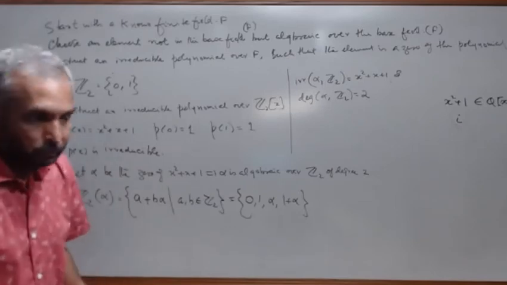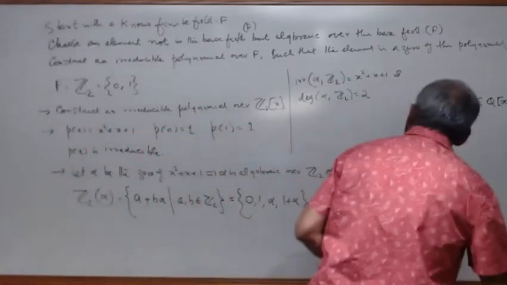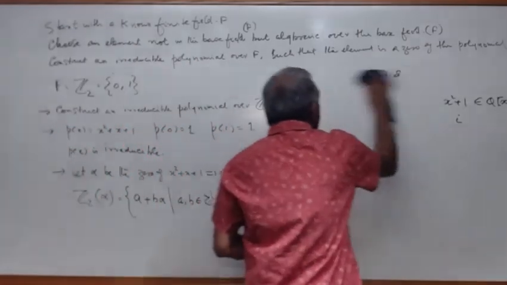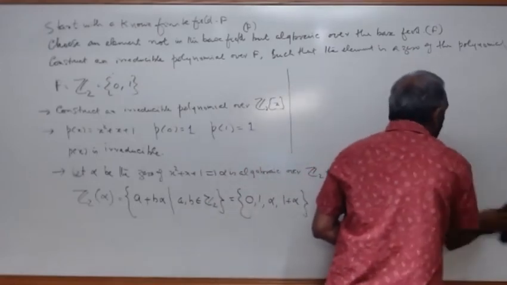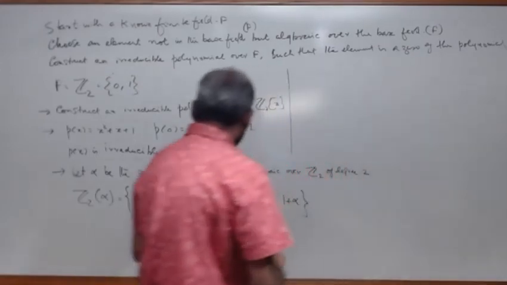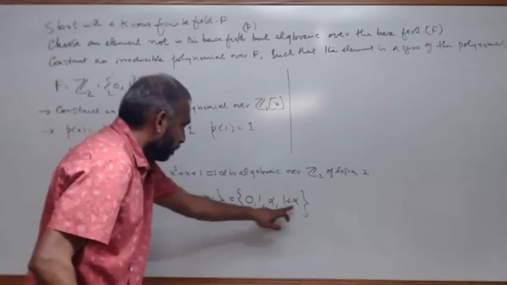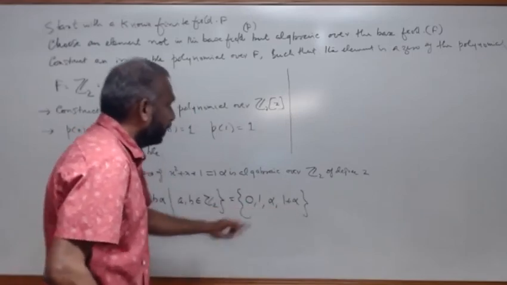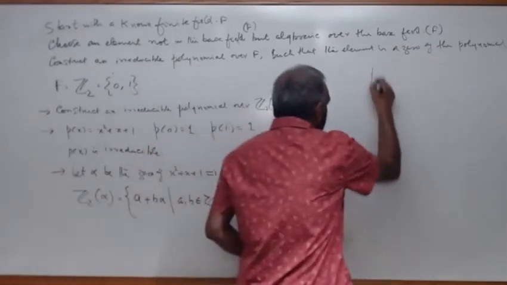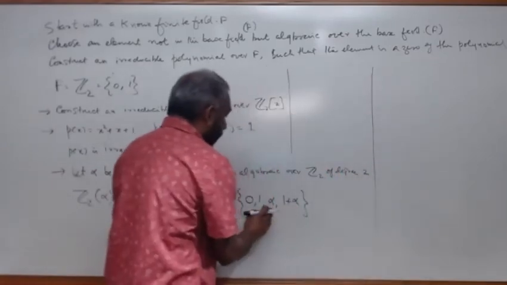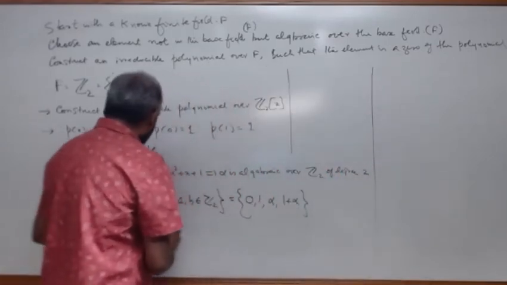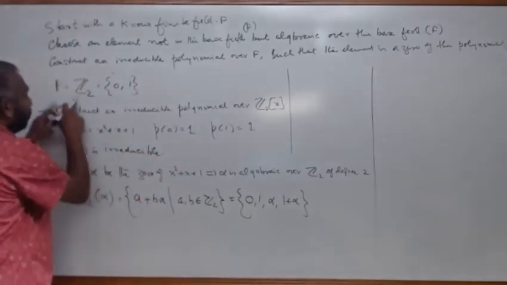But we can find out more about this. We need to know more about this element, in the sense of how you multiply and add it with elements of Z2.